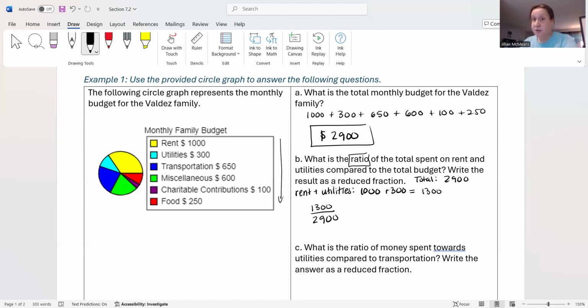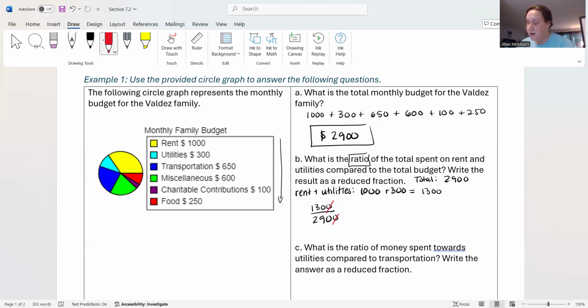As far as reducing this goes, you could certainly reduce it by hand or use a calculator. I'm not going to get too picky as long as you show me what you tell your calculator to do, but there is a shortcut here. When you have numbers that end in zeros, you can cancel the zeros. It's like dividing by 10. For each zero in the top, you can cancel a zero in the bottom. I've got a zero on top and a zero on the bottom, that's like dividing by 10.